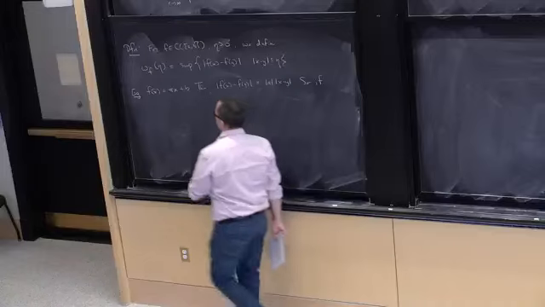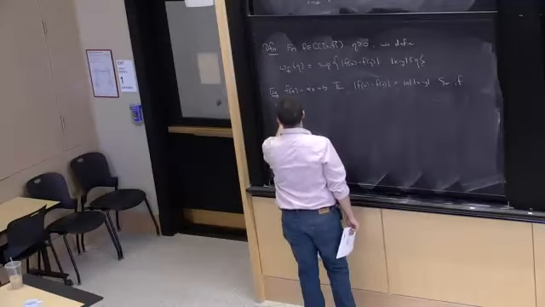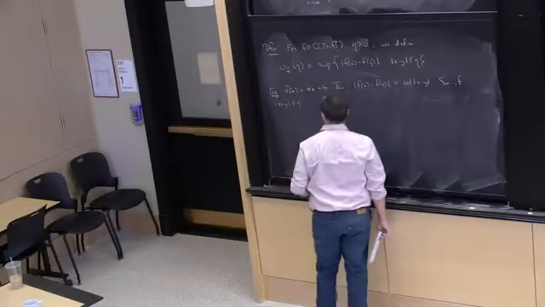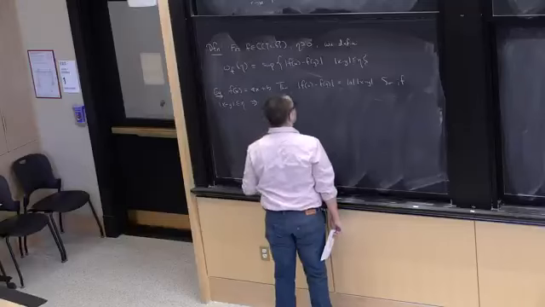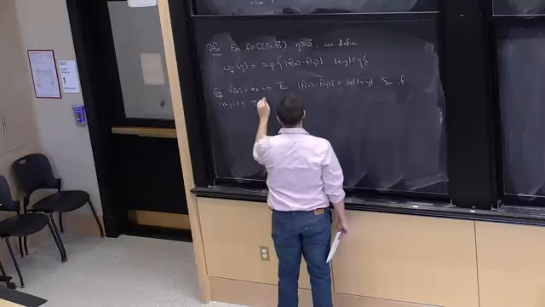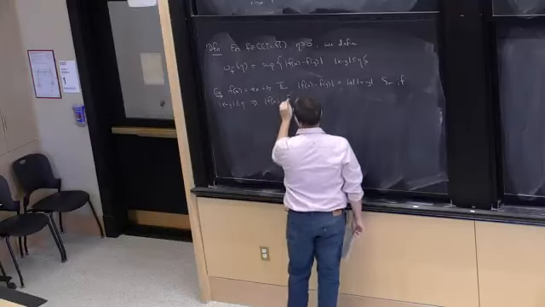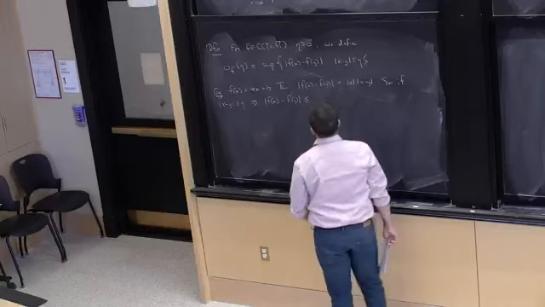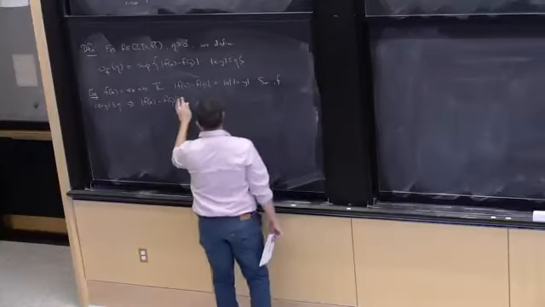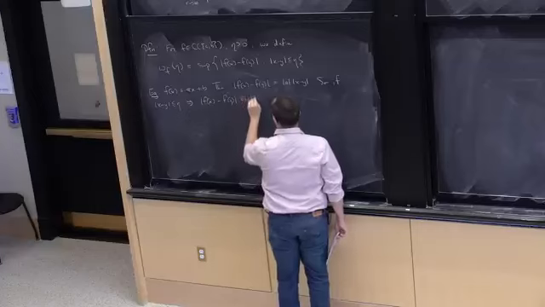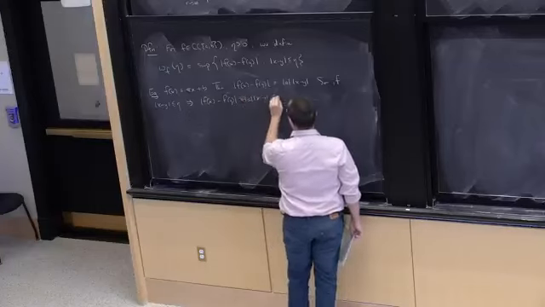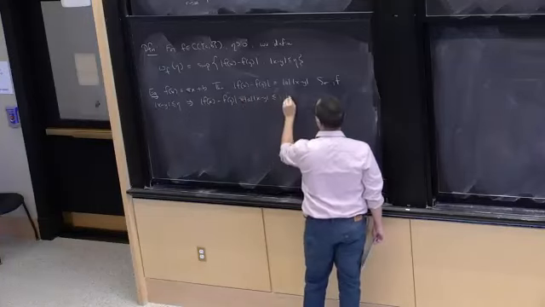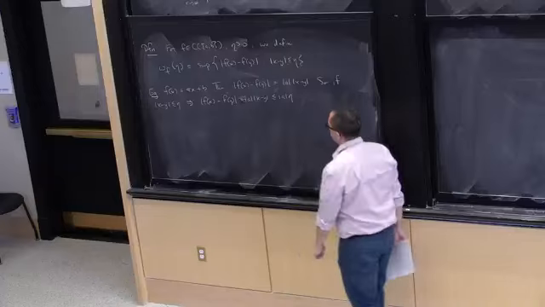So if the absolute value of x minus y is less than or equal to eta, we get that the absolute value of f of x minus f of y is equal to the absolute value of a times x minus y, which is less than or equal to the absolute value of a times eta, right?